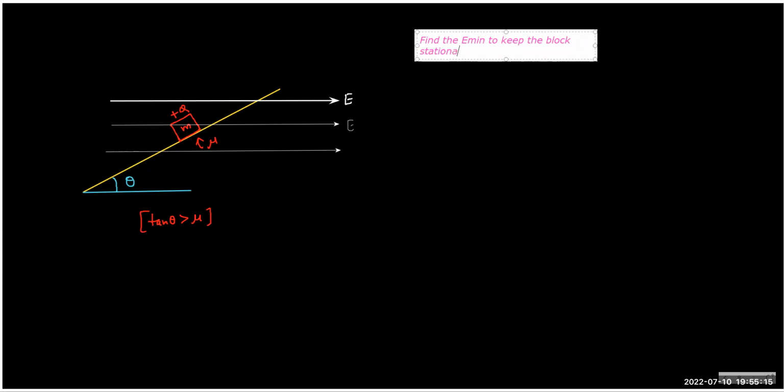So find the range of E to keep the block stationary. Or the better way will be like find the range of electric field for which the block remains at rest.